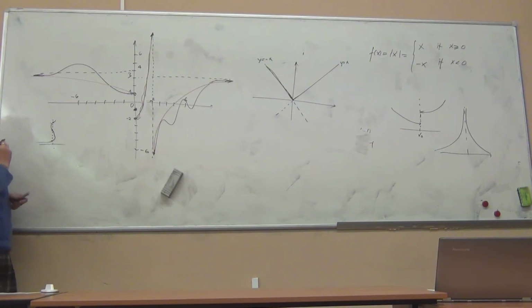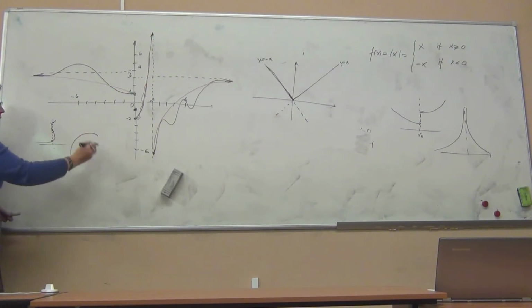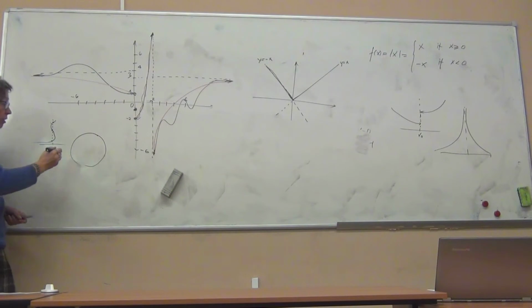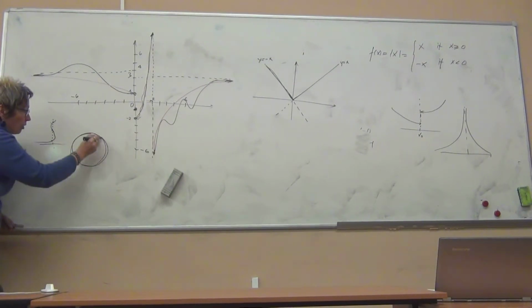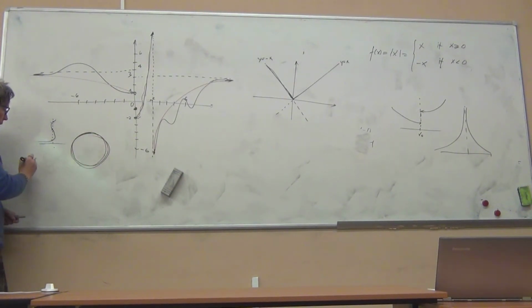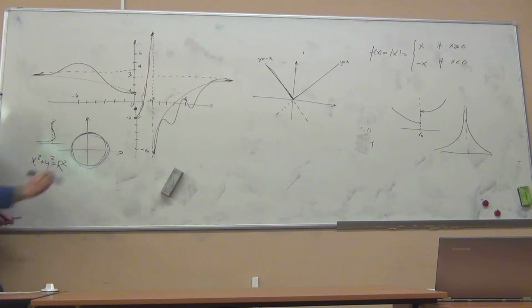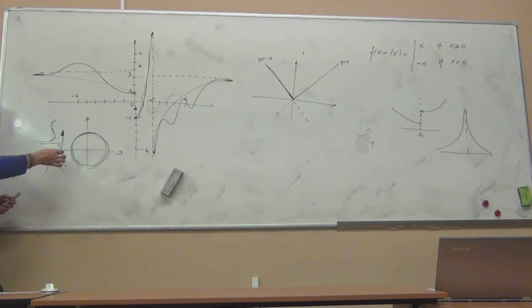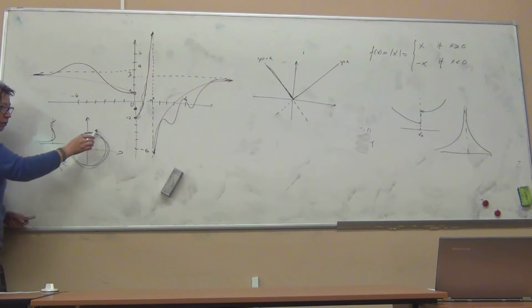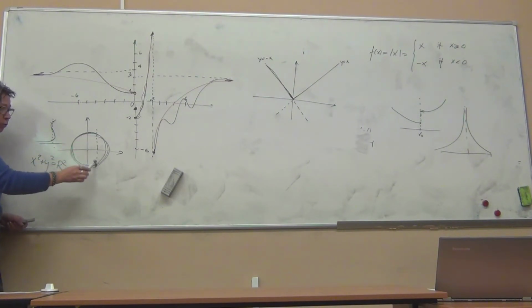Only one y value. So for example, I can write the equation for a circle: x squared plus y squared equals radius squared, if the center is the center of coordinates at the origin. It's not a function. This does not express a function, because for these x values we have two different y values.